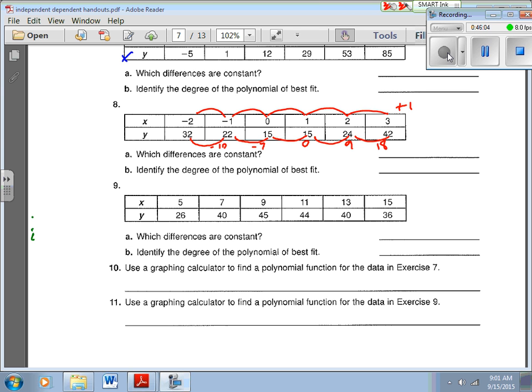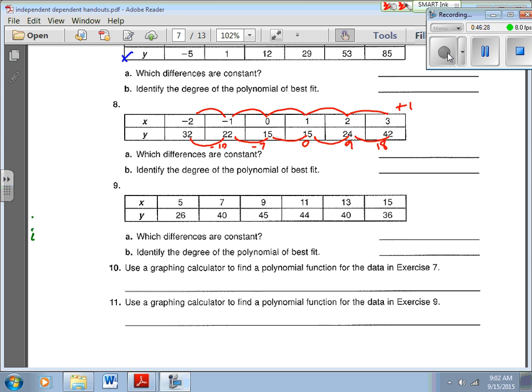I do see some type of curvature maybe. But the only problem here is these are negatives though, and these are positives. So what's probably happening is it's snake-like. So it's probably going to be a 3rd degree.